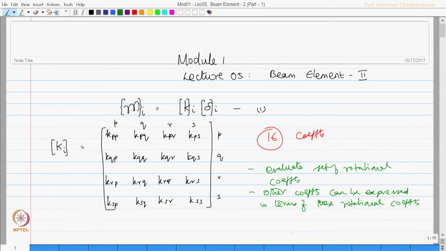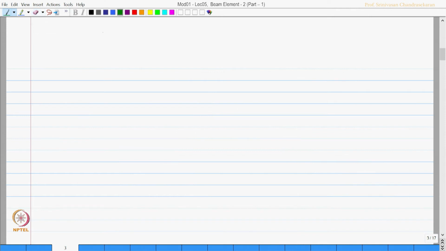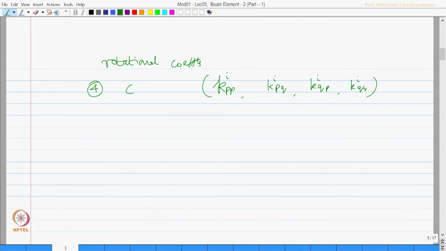So, what are these rotational coefficients? The rotational coefficients which we are interested in are K P P of the ith element, K P Q of the ith element, K Q P of the ith element and K Q Q of the ith element. These are the 4 coefficients which are important. The remaining can be expressed in terms of these.